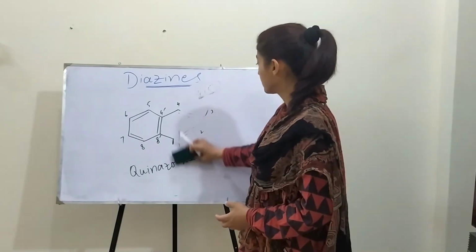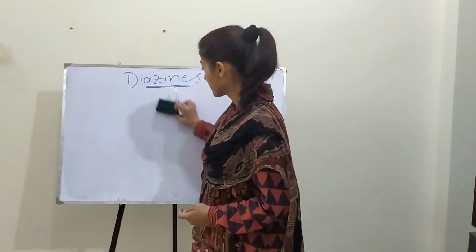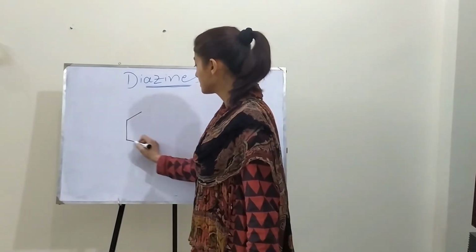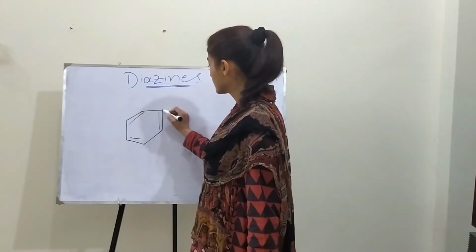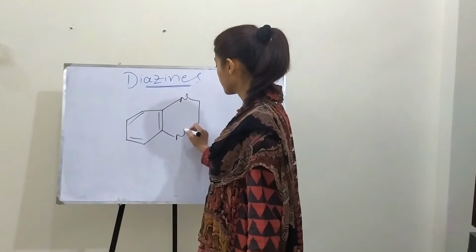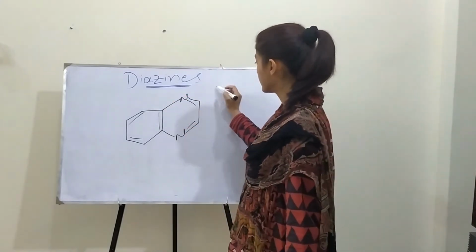And similarly for the pyrazine, there is only 1 possibility for the benzene ring, here 1, 2, 3, 4, 5 and 6.